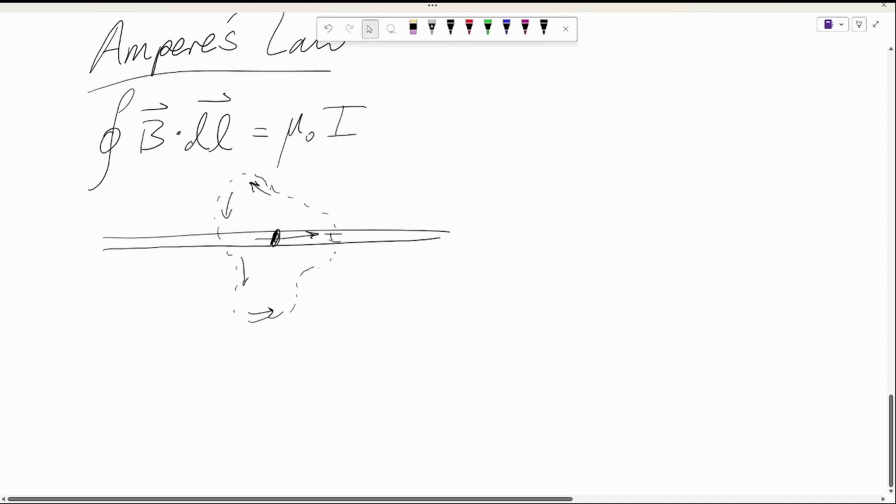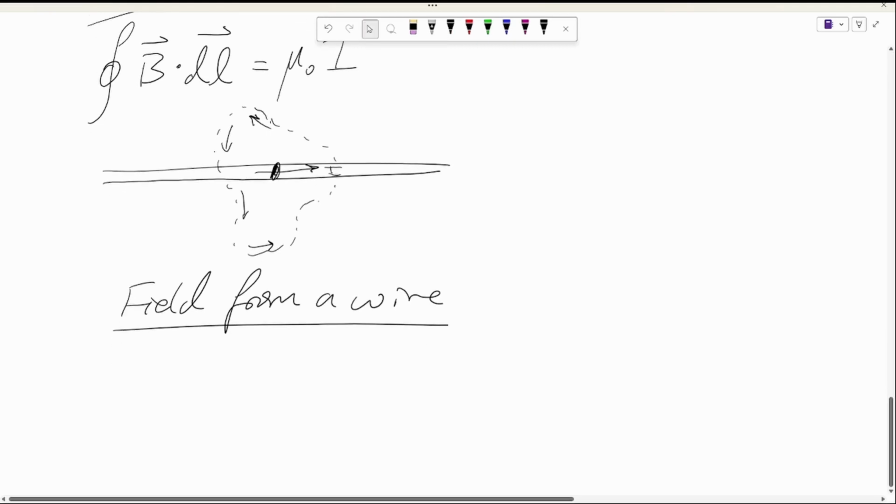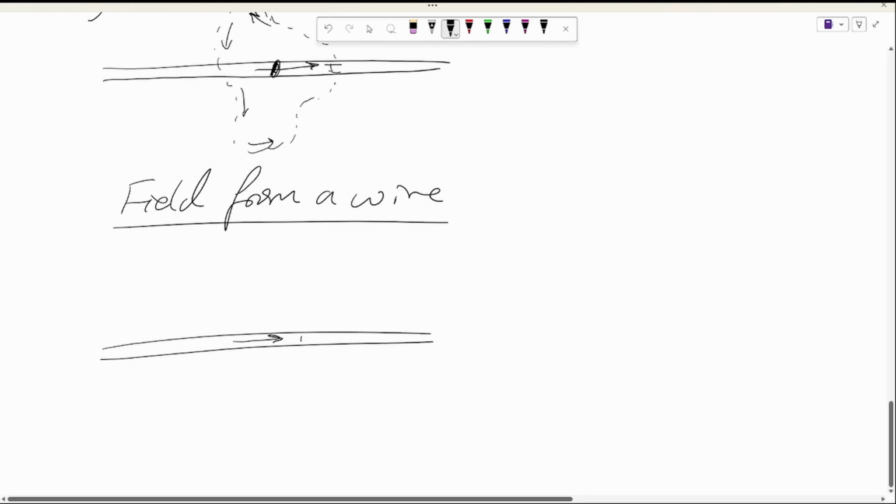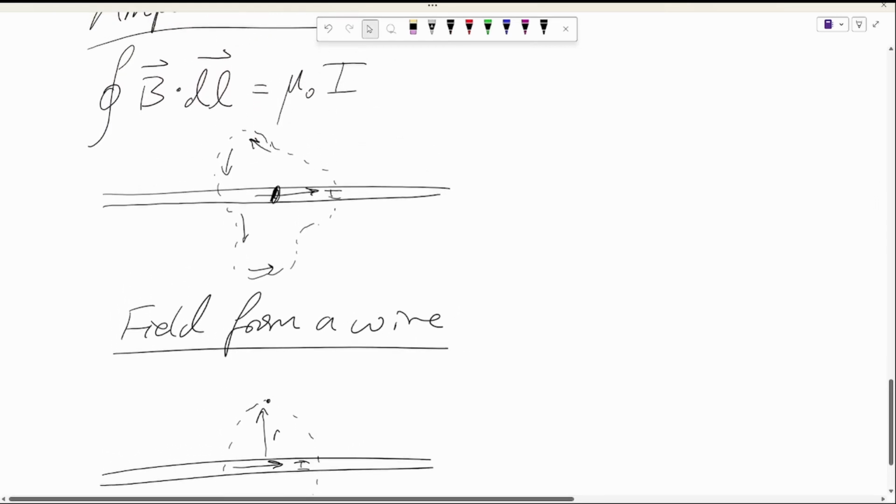From there, we can directly derive the field resulting from a wire. If we have this wire again, carrying some current I, and we want to know the B field at some random point away from this wire, by the way, we're going to assume it's an infinite wire, at some radius r away, then we use Ampere's law.